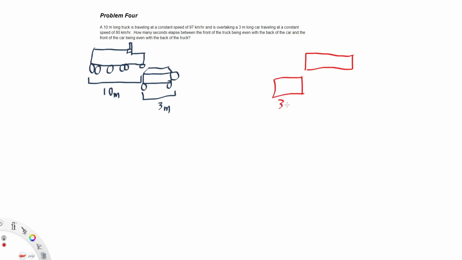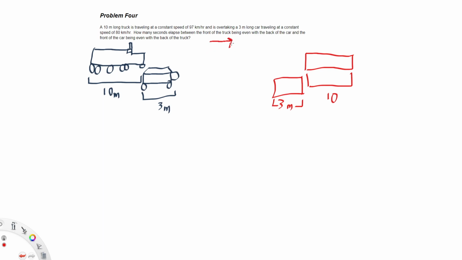Right here is the 3-meter car. And here is the 10-meter truck. All right. This question alone ate most of my time on the test. Yes. I can see that happening.